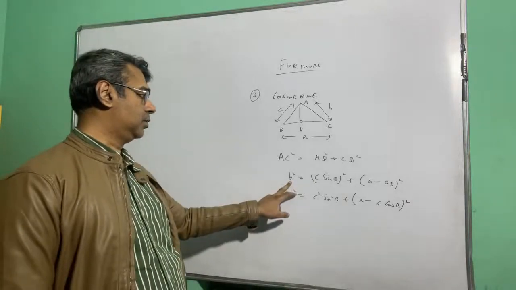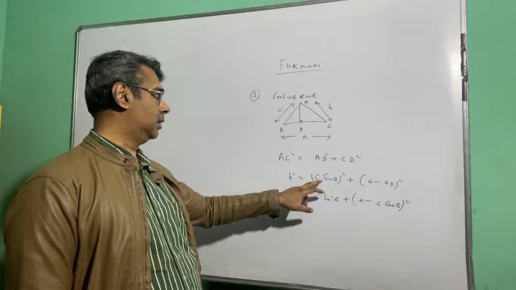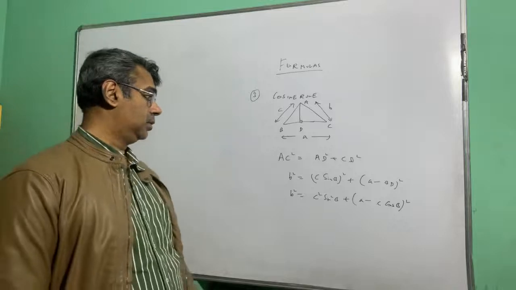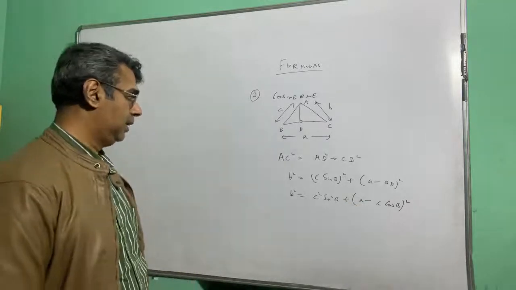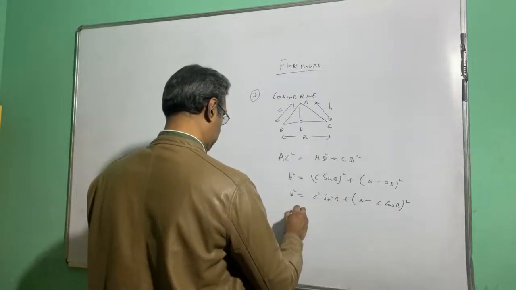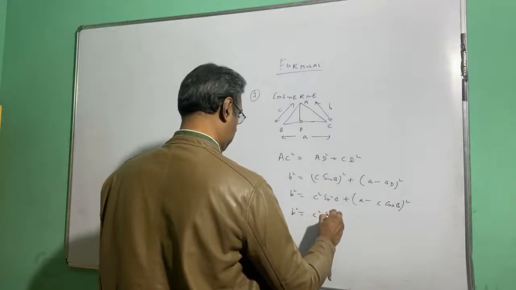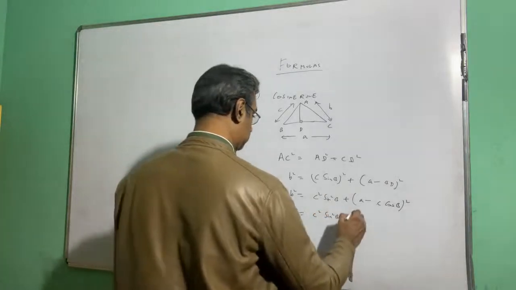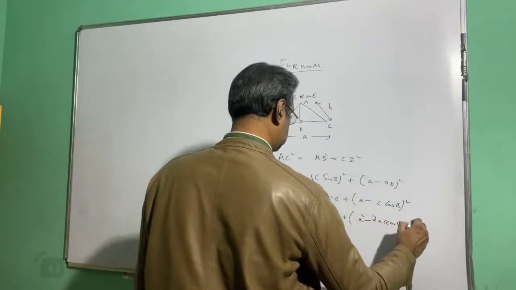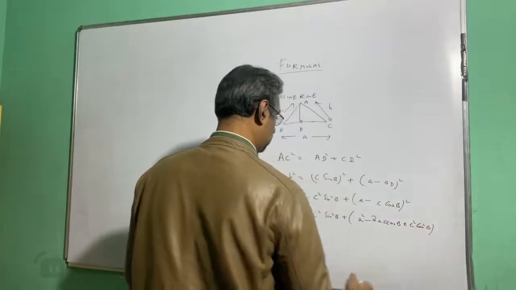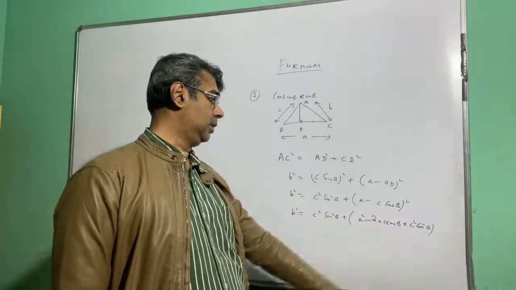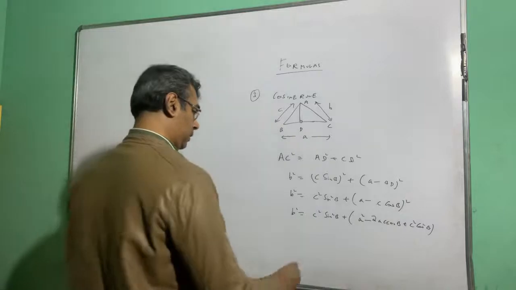AC square is b square, AD you write as c sine B, CD you write as a minus BD, so that is a minus c cos B. So b square is c square sine square B plus (a minus c cos B) whole square, which is c square sin square B plus a square minus 2ac cos B plus c square cos square B.